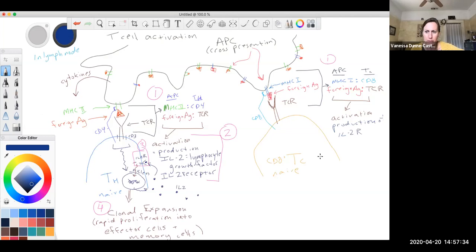All right, so here's the nucleus. There's the cascade reaction that changes the nucleus and makes these guys produce interleukin-2 receptor. And I'll put them over here too. Interleukin-2 receptor.